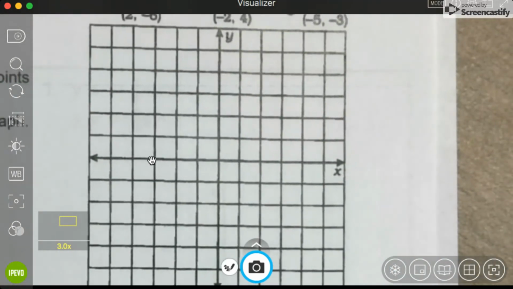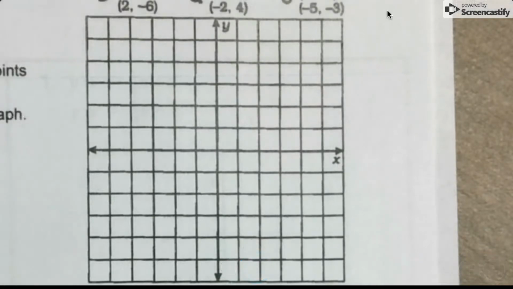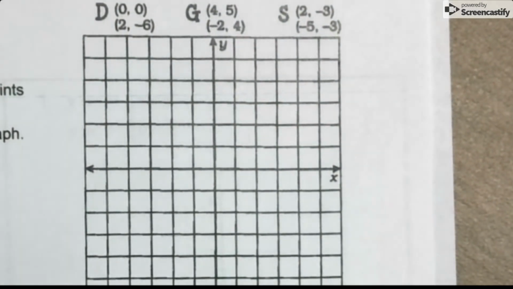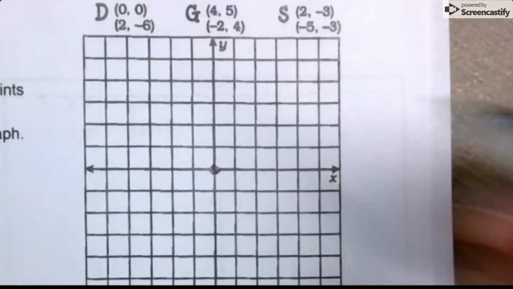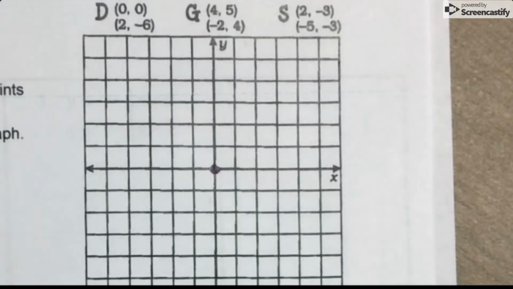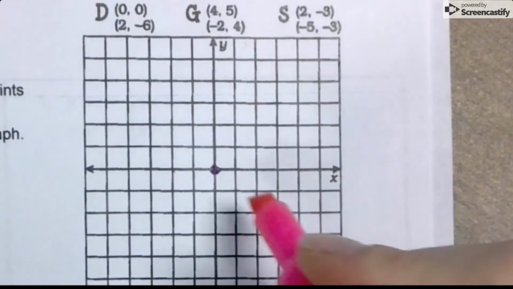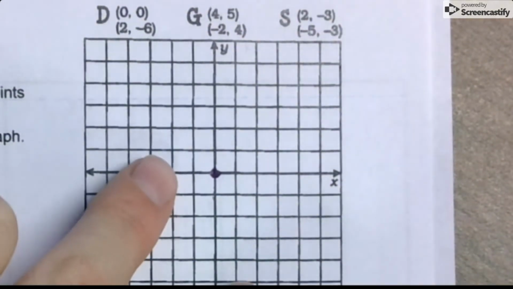All right. So our first points that we are going to plot are 0, 0, and 2, -6. So 0, 0 would be here, and 2, -6. 2 is on the x-axis, -1, 2, 3, 4, 5, 6 is on the y-axis.